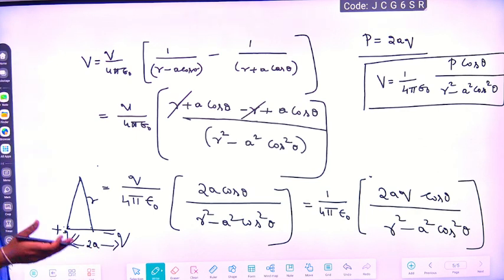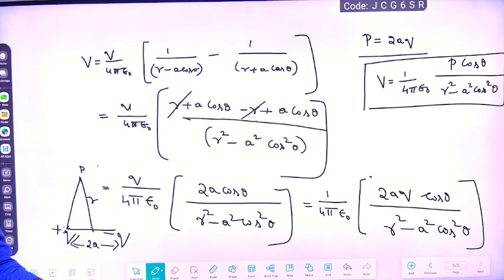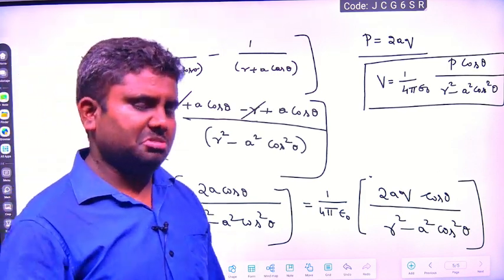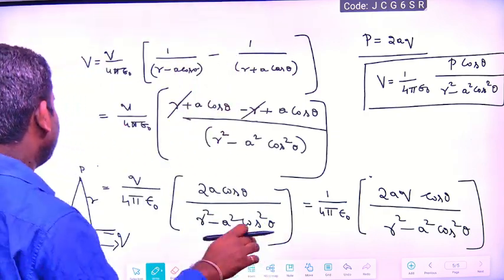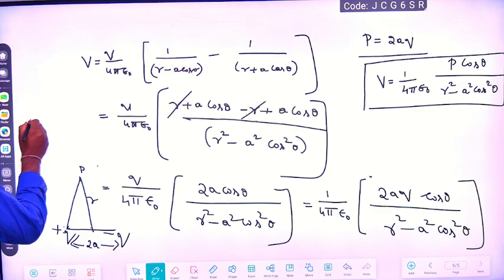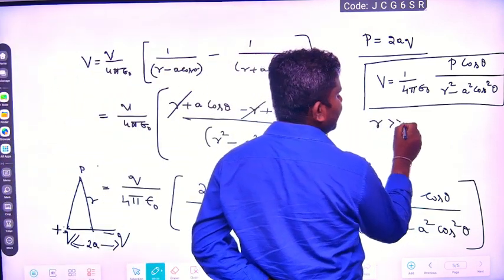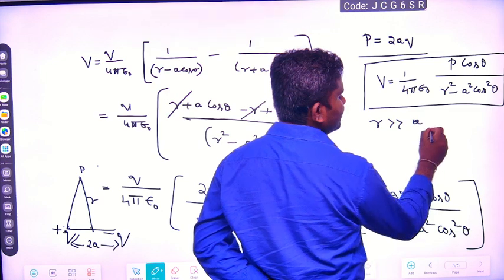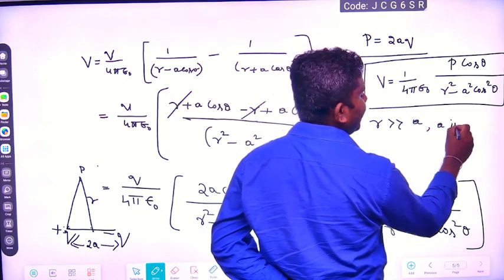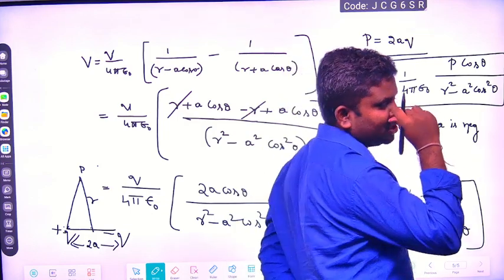If 2a is very small, a is much smaller. But the distance from the center of the dipole to the point P will be larger, whether axial or equatorial. Since it is larger, I can write R is very, very greater than a, so a is neglected. The distance from the center of the dipole to the charge is neglected.